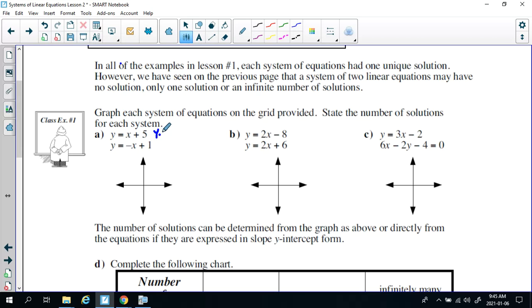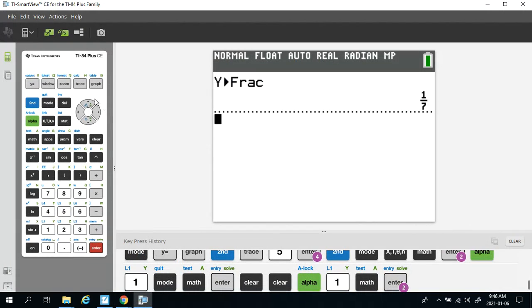So in y1, I'm going to plot x plus 5. And then in y2, I'm going to plot negative x plus 1.